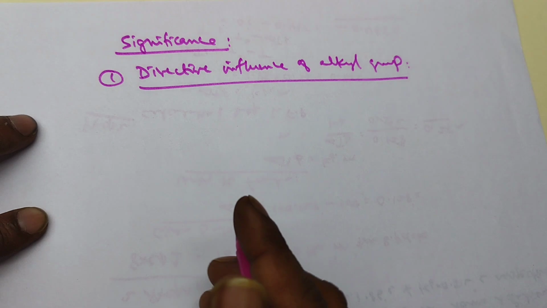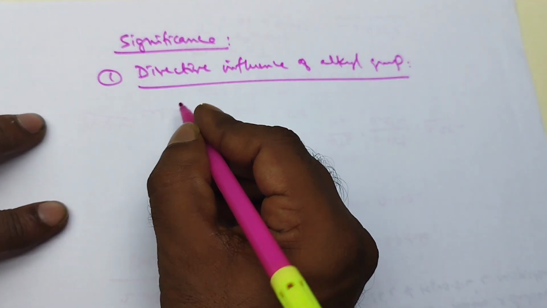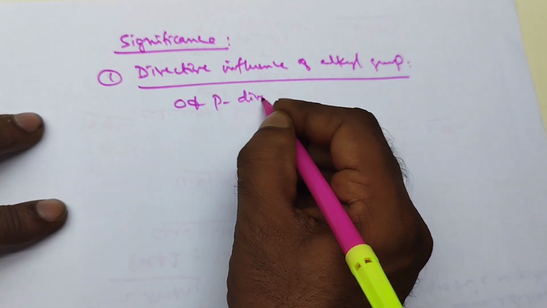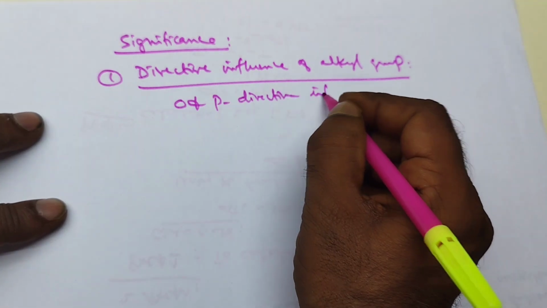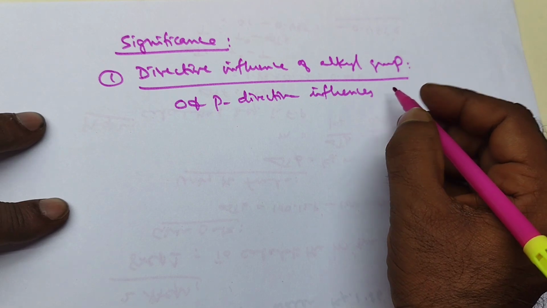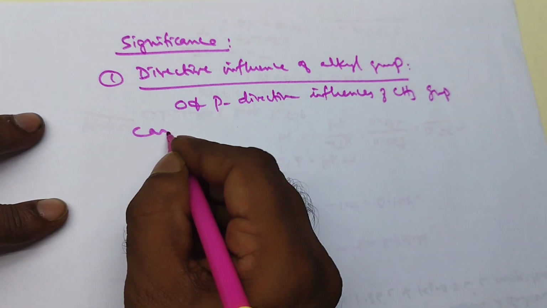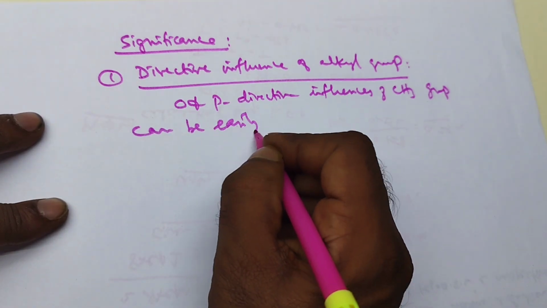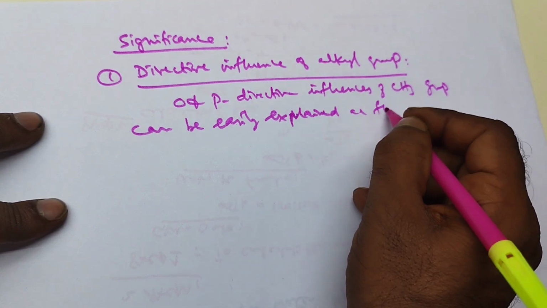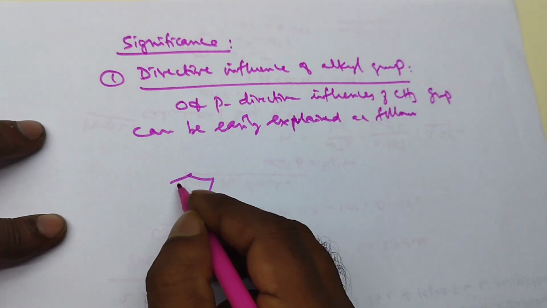What is the meaning of this directive influence of alkyl groups? In ortho and para directing groups, the ortho and para directive influences of the CH3 group can be easily explained as follows. I will explain to you. You can think about the toluene structure.